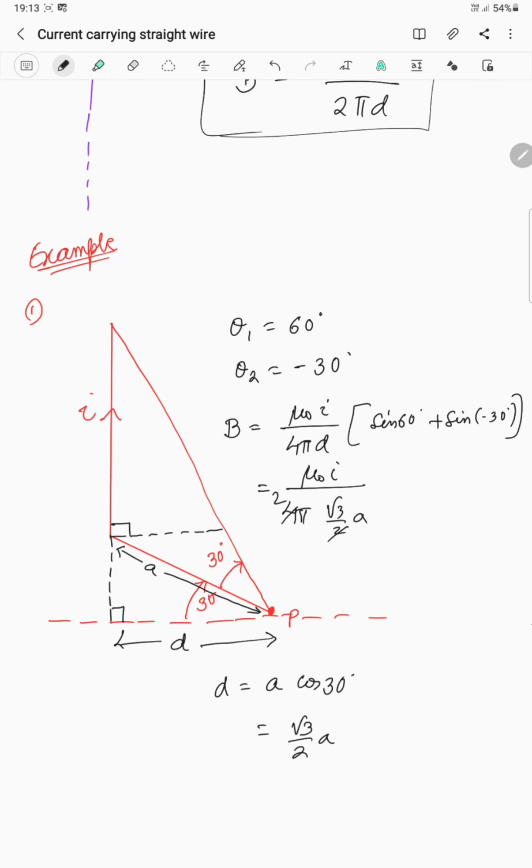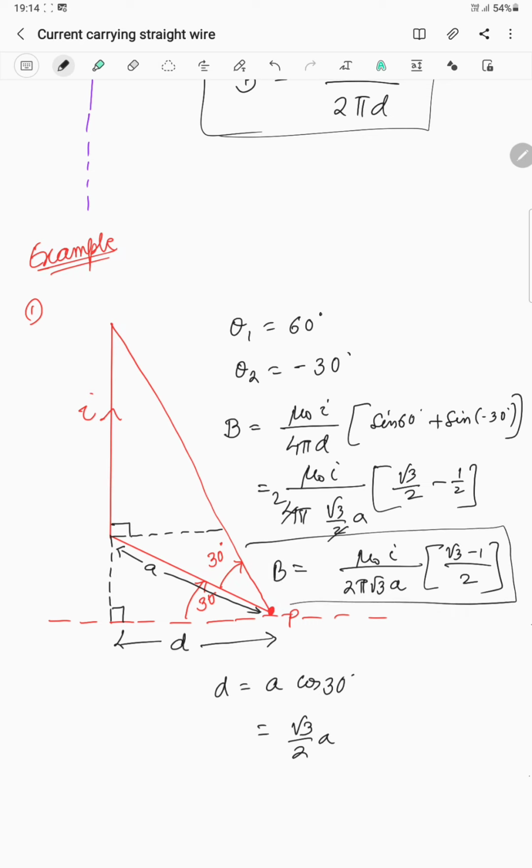This gets cancelled out, and I've got 2 here. Then sine 60 is root 3 by 2, and sine minus 30 is minus half. If you solve this, it will come out to be mu naught I divided by 2 pi root 3 A, and taking the LCM, times root 3 minus 1. B will be this much. So this is the answer.